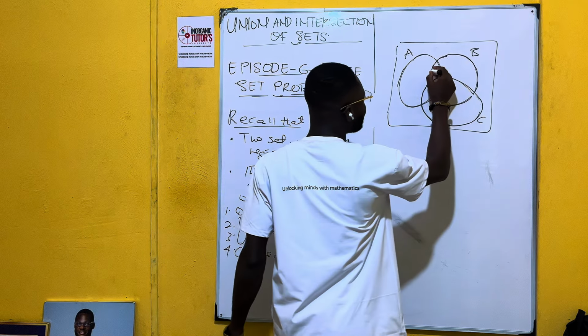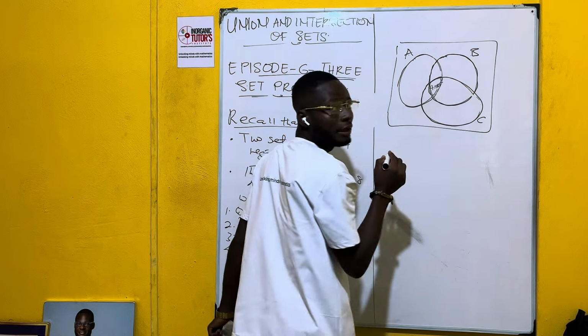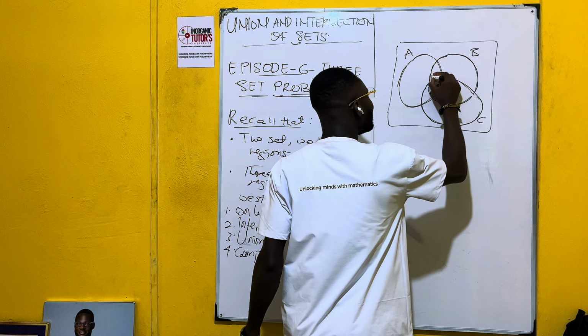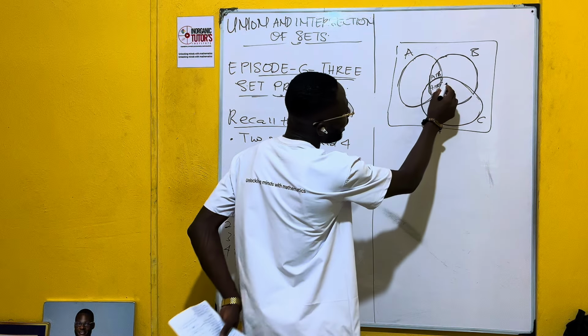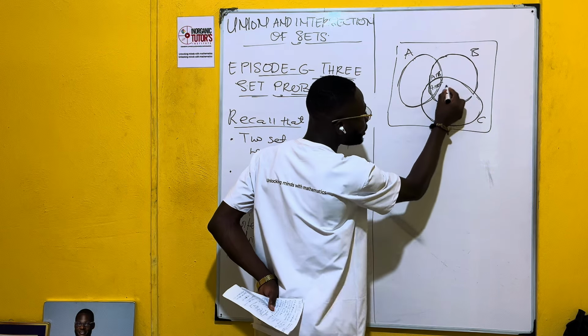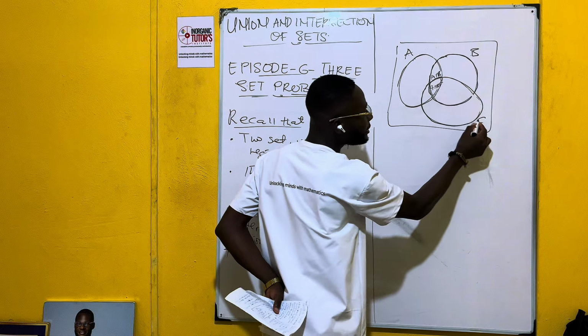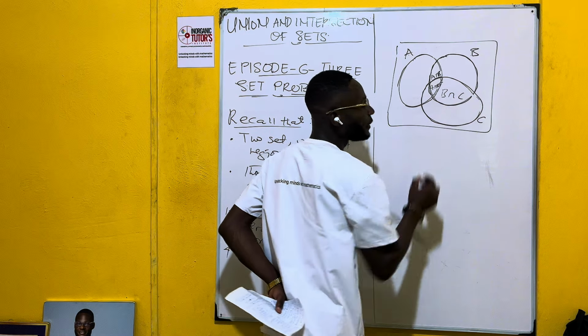This particular region is common to A and B, so we call it A intersection B. And this region right here is common to B and C, so we call it B intersection C.